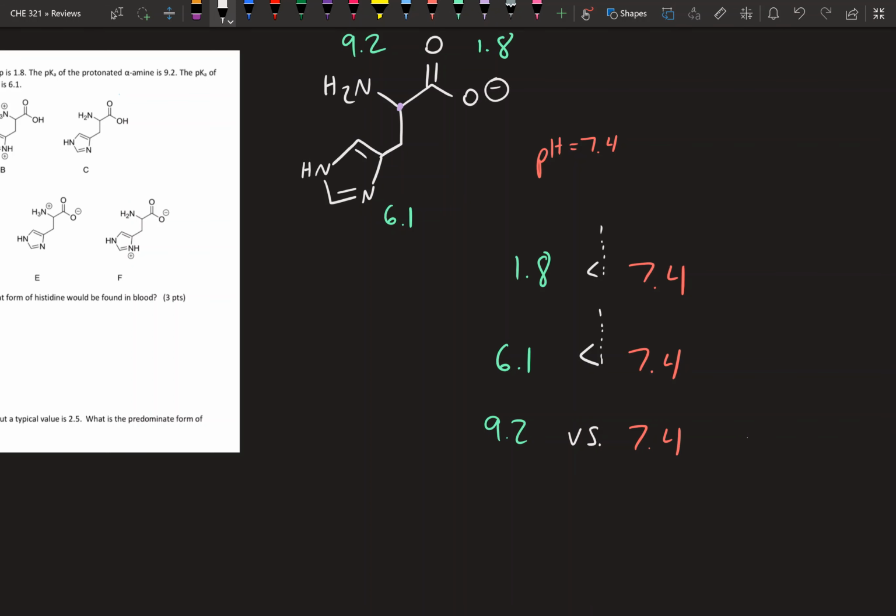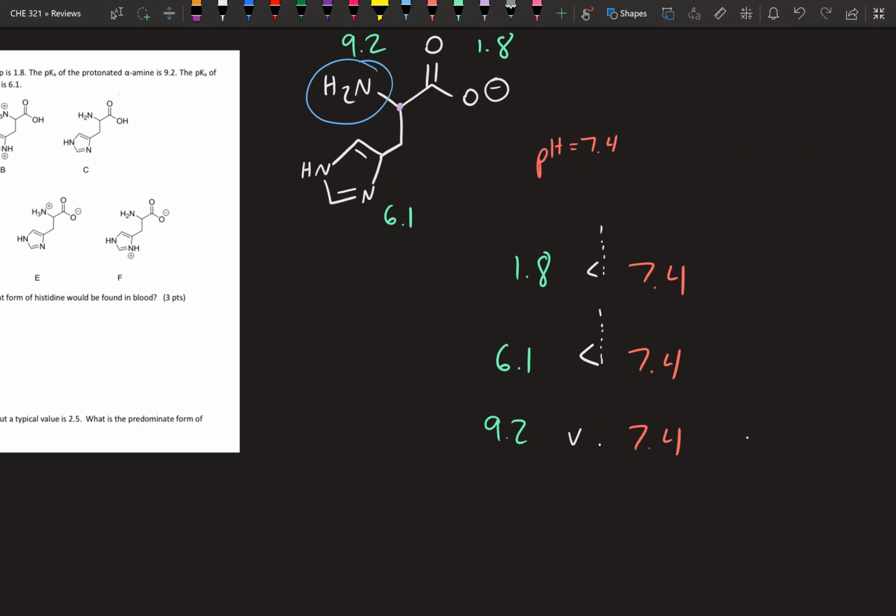And so in this case, our pH is less than our pKa. So in this case, that amino group over here, that alpha amino group right here, is more basic than the solution it's in, with a pH of 7.4. So because it's more basic than that solution, it's going to take a proton from the solution and protonate itself.